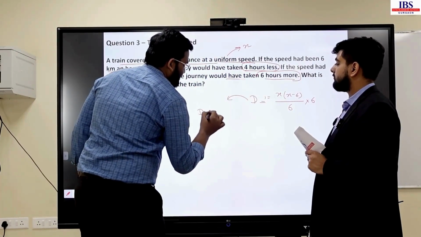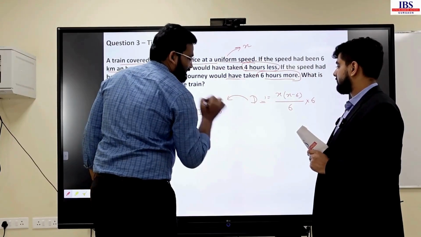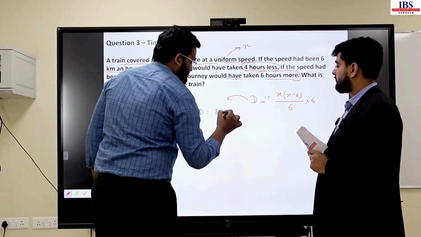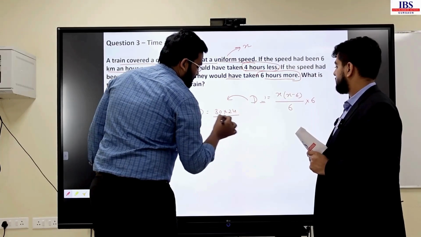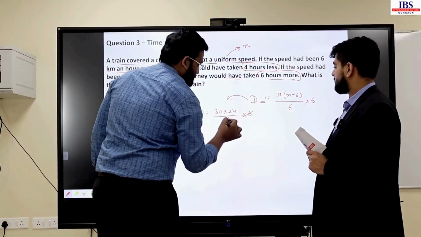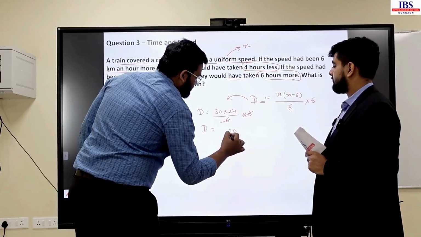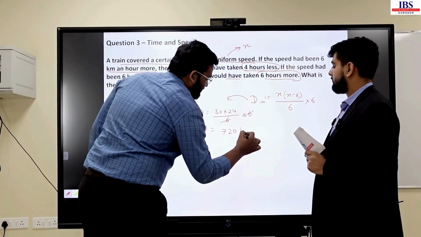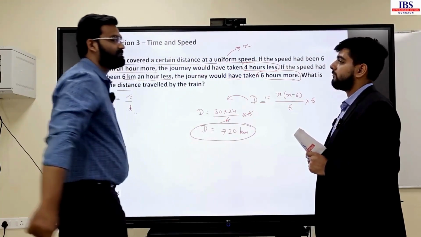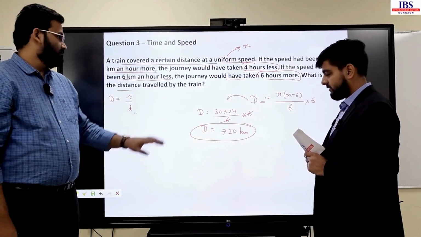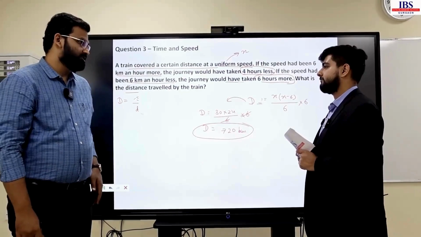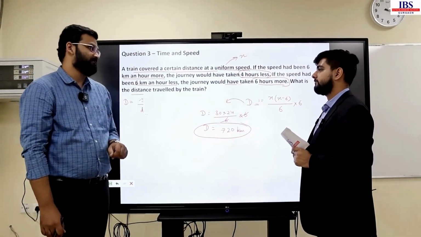So the distance traveled by the train will be, usually we have calculated 30, then 30 minus 6, that is 24, upon 6 into 6. This will cancel out and the distance will become 720 kilometers. So the distance traveled by the train is 720 kilometers. So this is the way in which we can approach a question belonging to the topic time and speed.